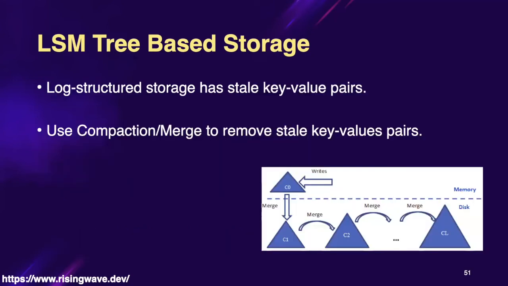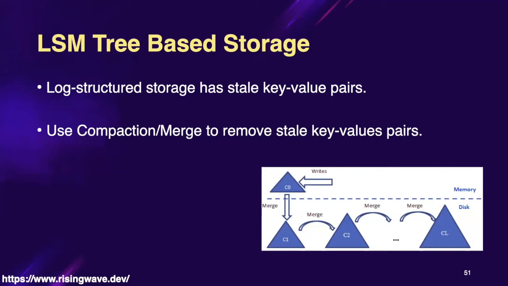Right. So this is a very simplified explanation of the LSM tree. First of all, you can think that we can have a pure log-structured storage. Every time we have some new key-values coming into the system, we just append the new key-value pairs to the end of the file.